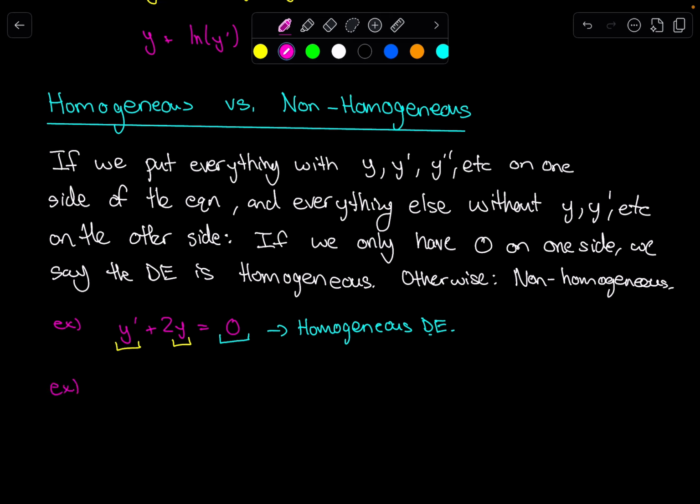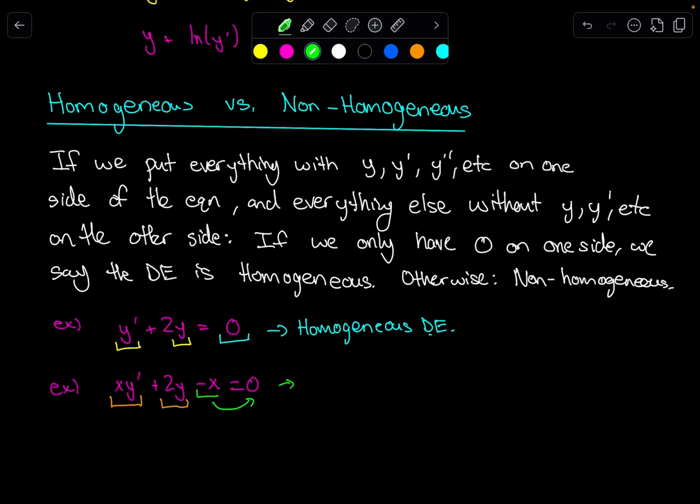If I had, let's say, xy prime plus 2y minus x equals 0, this one is not homogeneous because while I have all the stuff with y prime and y on one side, I have this leftover term that doesn't have any y's attached to it, so I need to move it to the other side to get it in what we call our standard form.